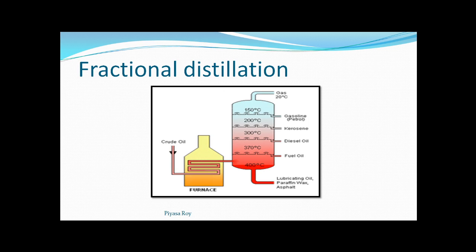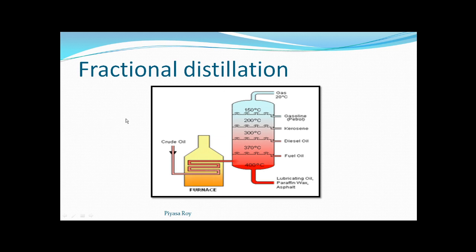For this, fractional distillation we will be using to separate miscible liquids. So alcohol and water, these two can be separated in this manner. Alcohol's boiling point is near about 78 degrees centigrade, whereas water's boiling point is 100 degrees centigrade, pure water.